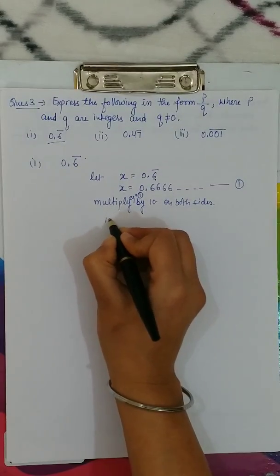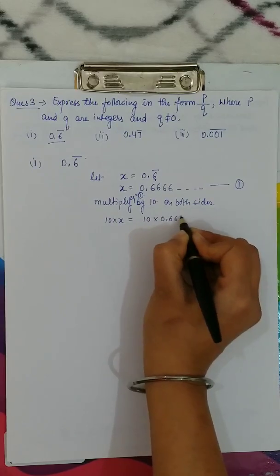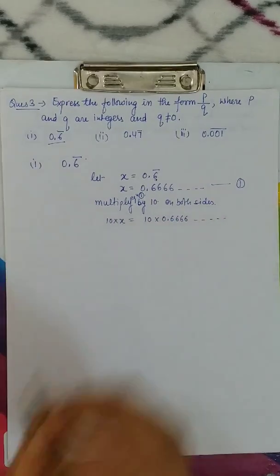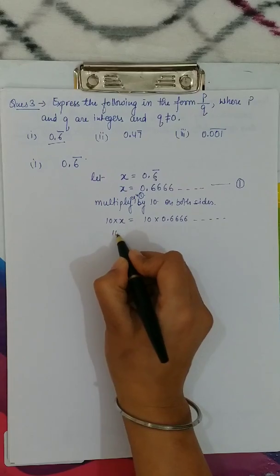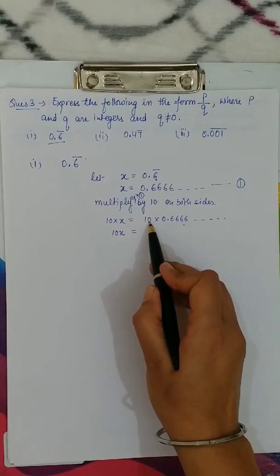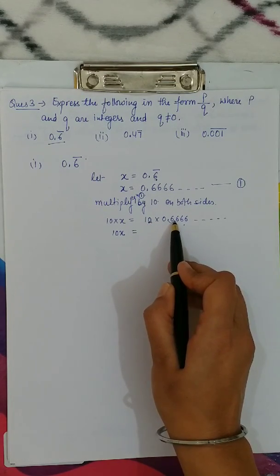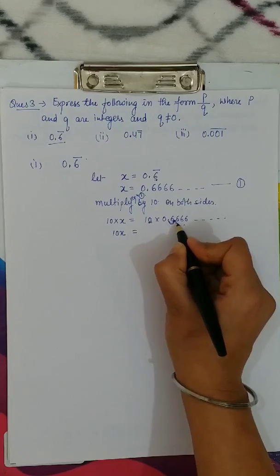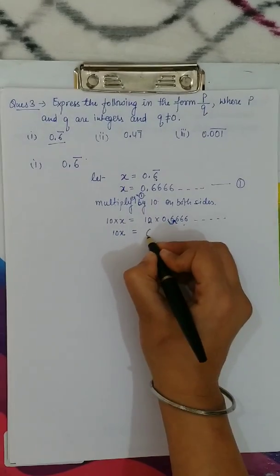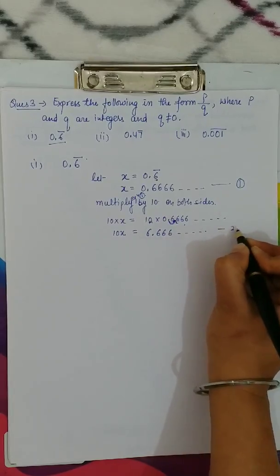Multiply equation 1 by 10 on both sides. So 10 into x is equal to 10 into 0.6666 and so on. When you multiply, it will give you 10x. On this side, we are multiplying with 10, so the decimal is going to be shifted by one place. So shift the decimal, we will get 6.666 and so on. Consider it equation number 2.